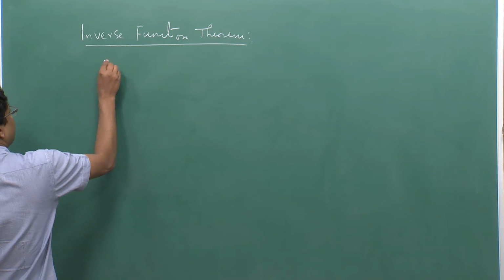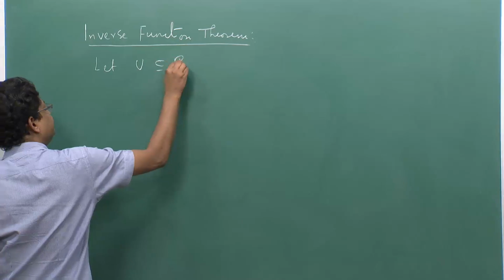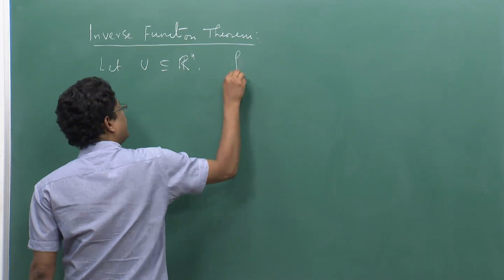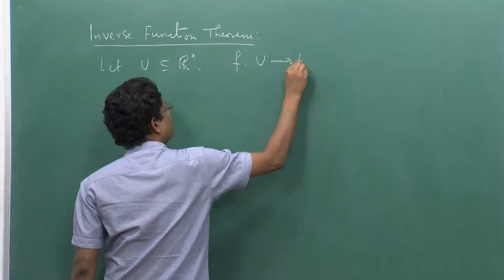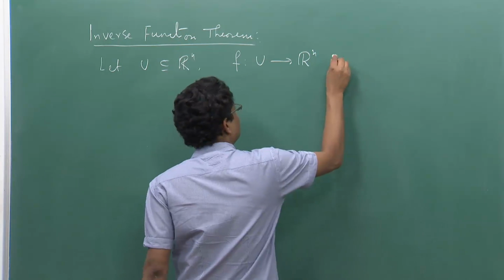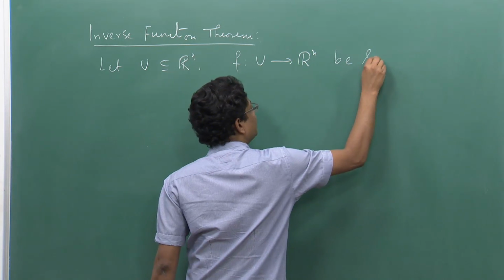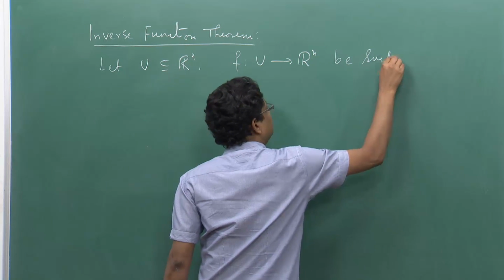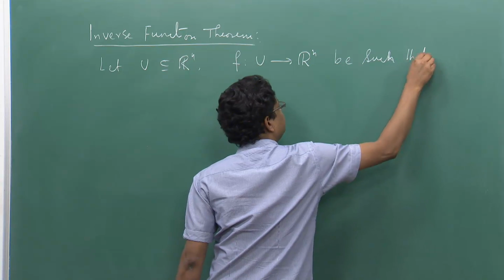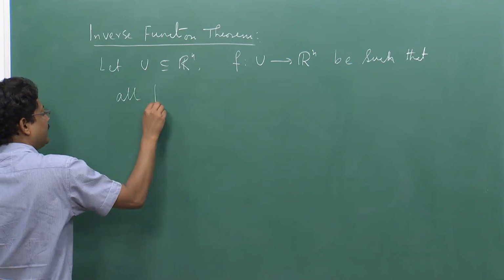So let us start with U in R^n and f from U to R^n be continuously differentiable, be such that all partial derivatives are continuous.